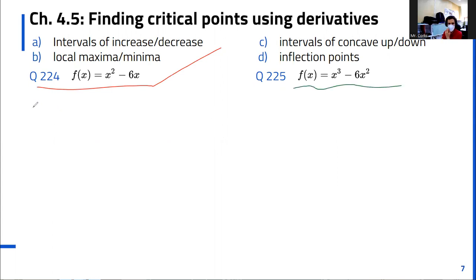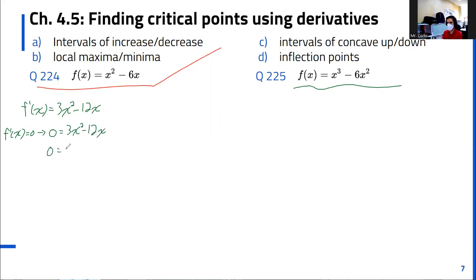So again, first derivative. Three x squared minus, sorry, not 6, 6x minus 12x. Set this equal to 0. Three x squared minus 12x, and we want to solve for 0 here.